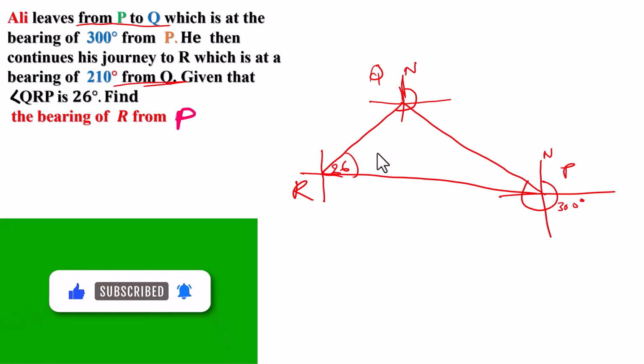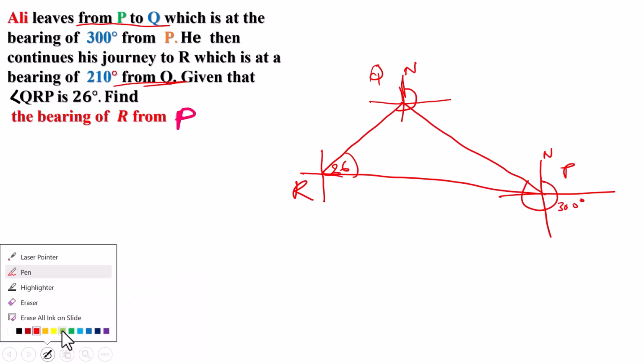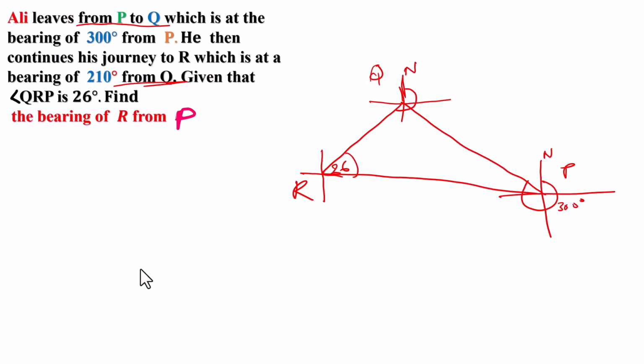All right, so let's look at the angles here, one by one. Let's observe this carefully. This side is 210. Everything here is 210, that's the red line. This side is 300.